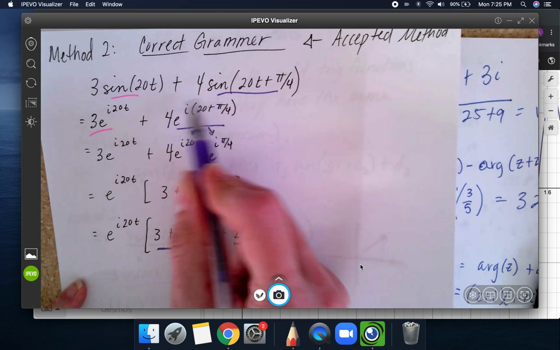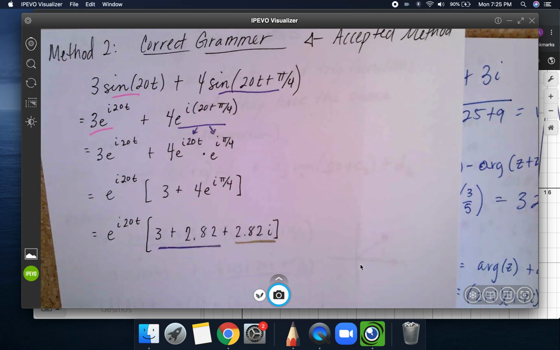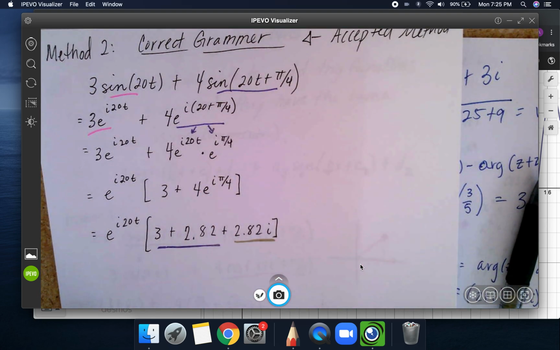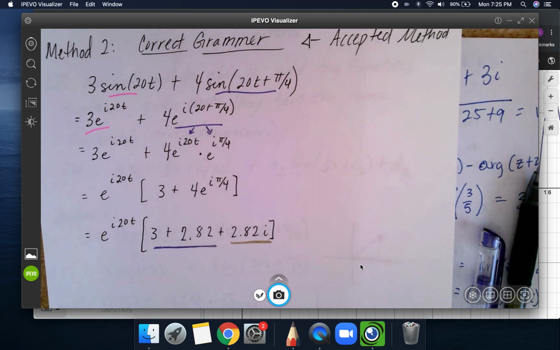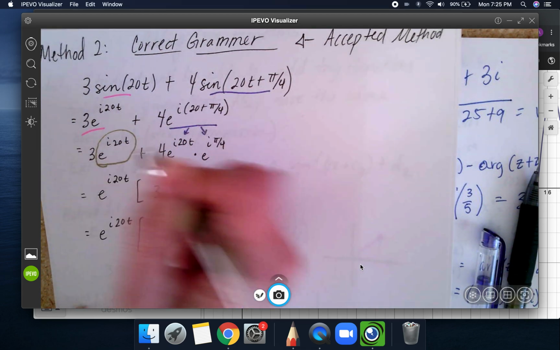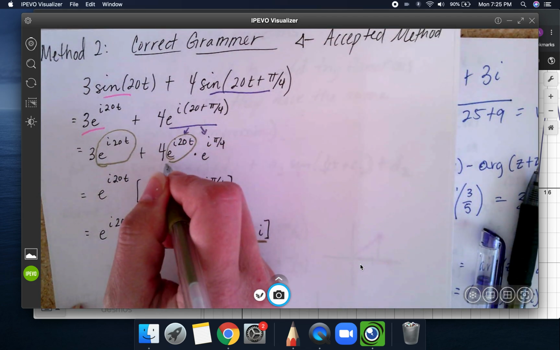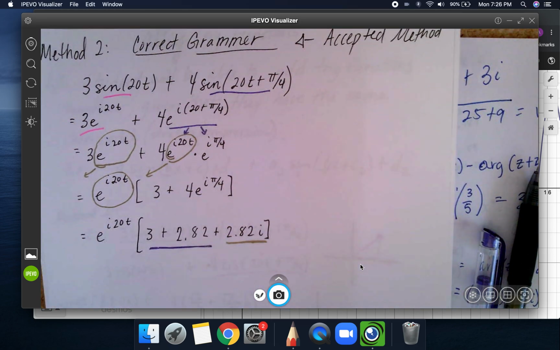This whole thing right here is equal to this, right? So now we're going to do something that allows us to maintain the integrity of the algebra, which is we're going to factor this e to the i 20t out of each component. So we're going to pull that out as a factor right there.